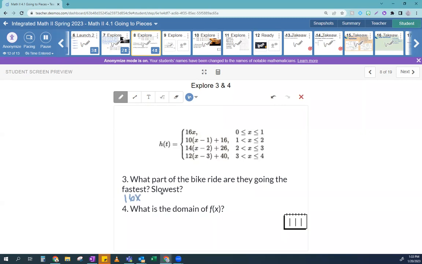All right, fine. Which part is the part that they are traveling the slowest? Someone said the second one. Yeah, why would it be the second one?